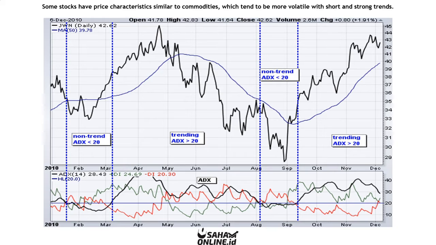However, some stocks have price characteristics similar to commodities, which tend to be more volatile with short and strong trends. Stocks with low volatility may not generate signals based on Wilder's parameters. Chartists will likely need to adjust the indicator settings or the signal parameters according to the characteristics of the security.